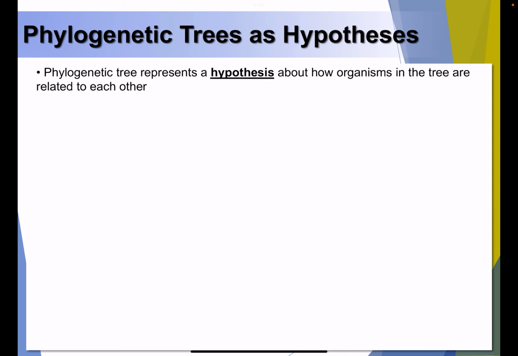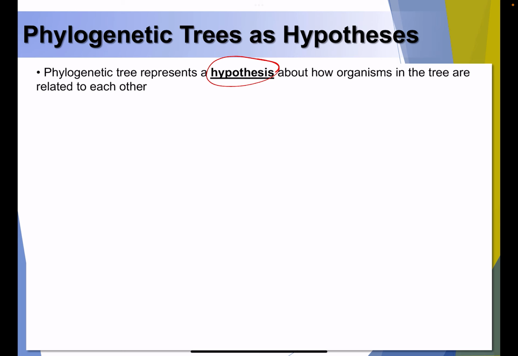All right, the last thing we will discuss about phylogenetic trees is that we should never forget that the way phylogenetic trees are presented, they represent a hypothesis about how organisms in the tree are related to each other. It's not a permanent saying this is for sure, these two taxa have for sure evolved from this common ancestor.